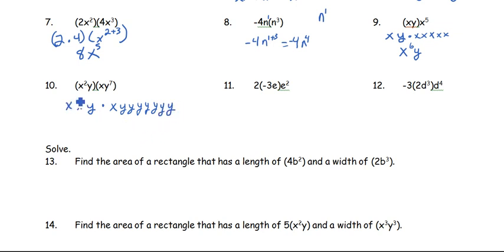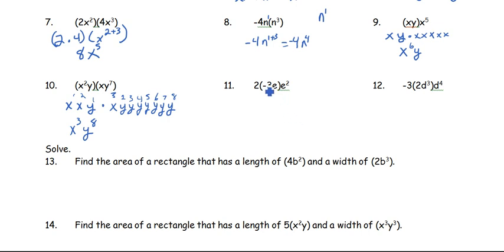How many x's am I multiplying together? I've got 1, 2, 3, so that's x to the 3rd. And then my y's, I have 1, 2, 3, 4, 5, 6, 7, 8. So it's y to the 8th.